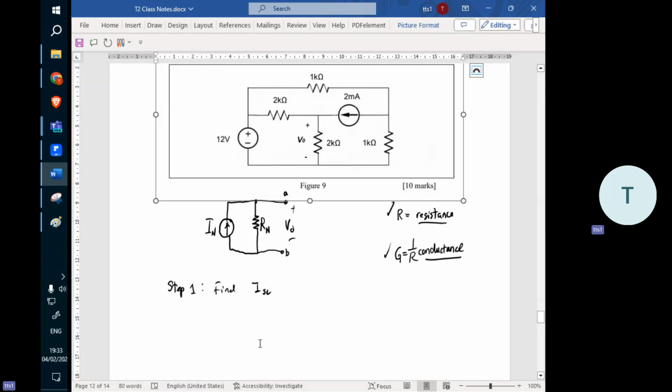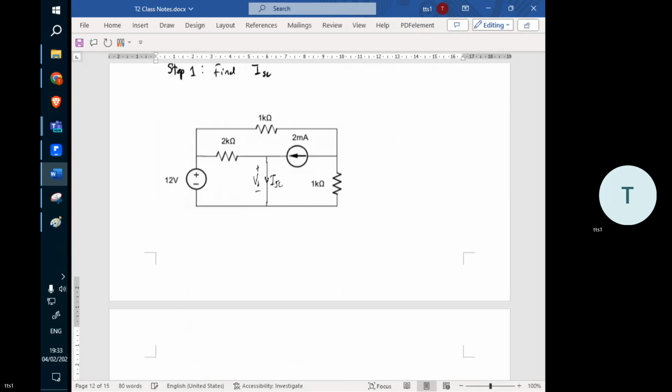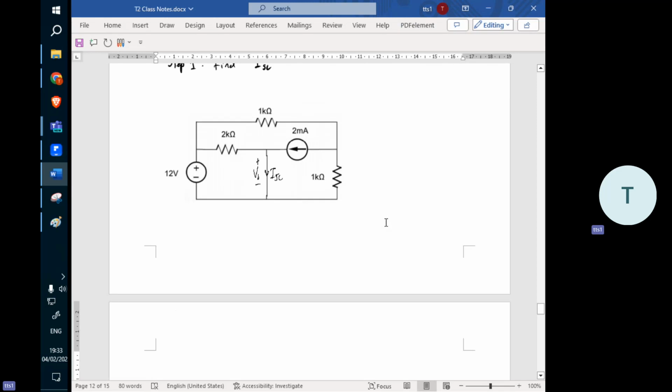It's a bit new to you probably. So to find the short circuit current, we have the 2 ampere, we have the 2K, we have the 12 volt. Actually, you can use one equation to find it: ISC equals something plus something, and then you will find it equals a certain milliampere.